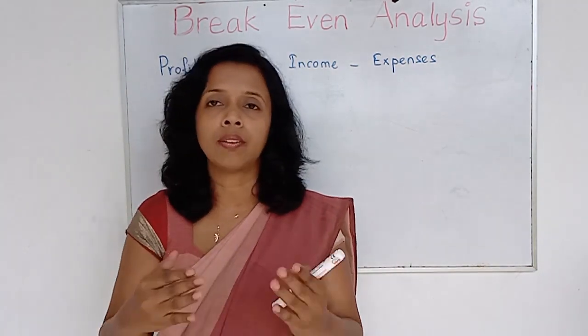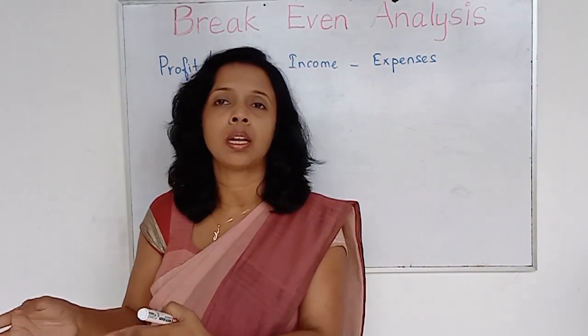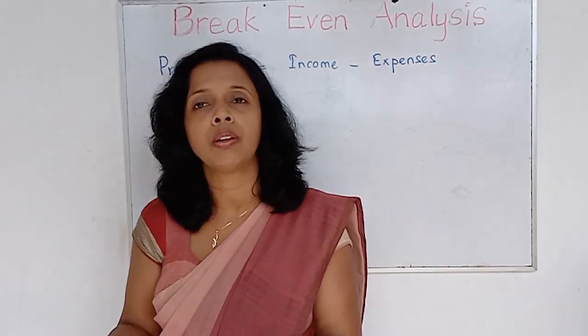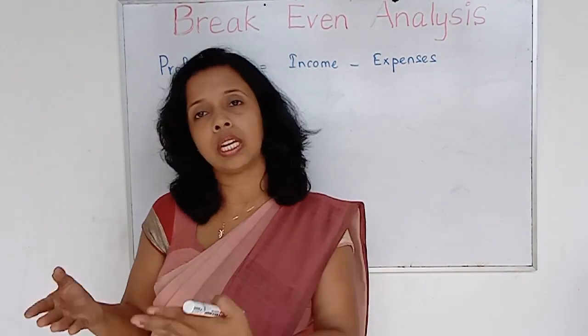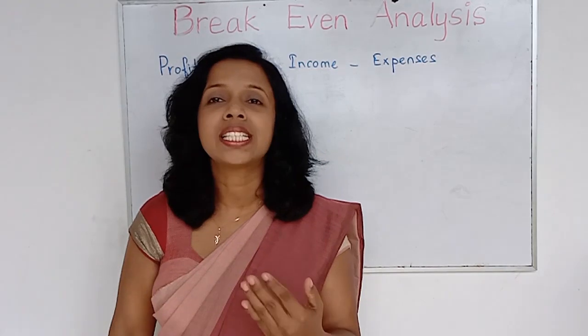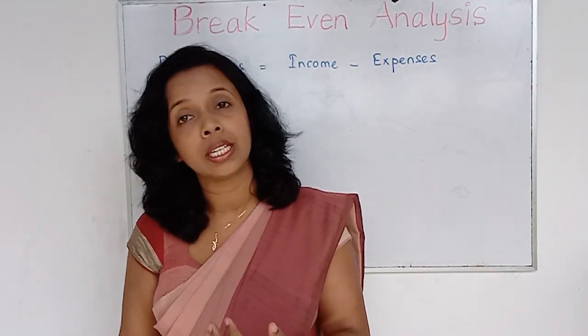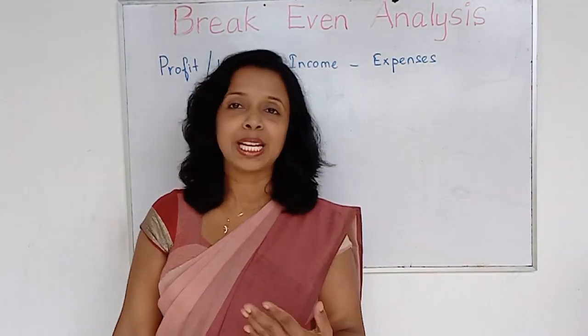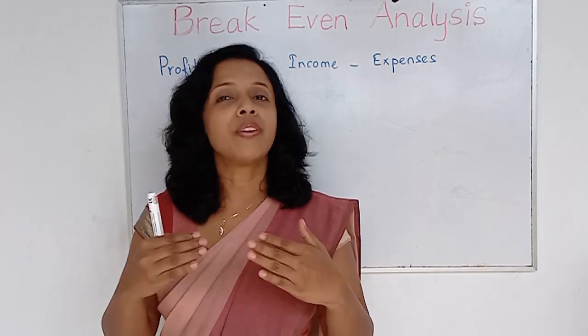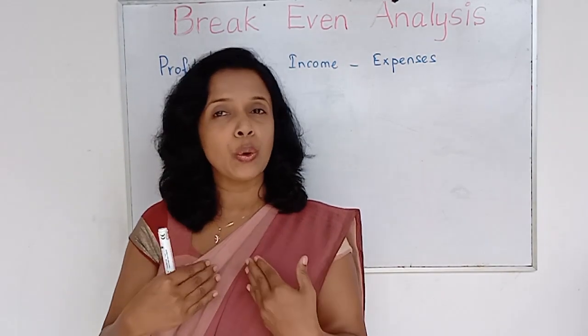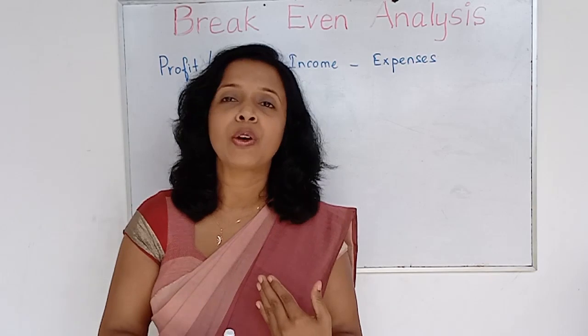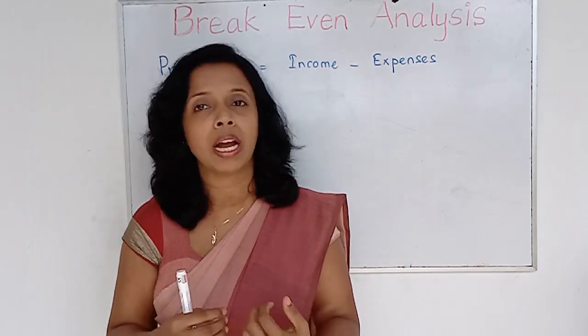Let's say whatever the business activity, if it is not a non-profit motive organization, or if it is not a charity organization, what's our main intention? To earn profit as much as possible. So it is very important for us to know at which point I am going to start to earn my profits.